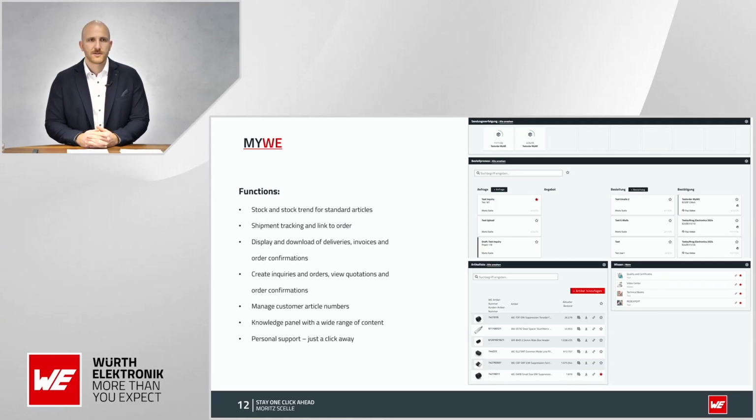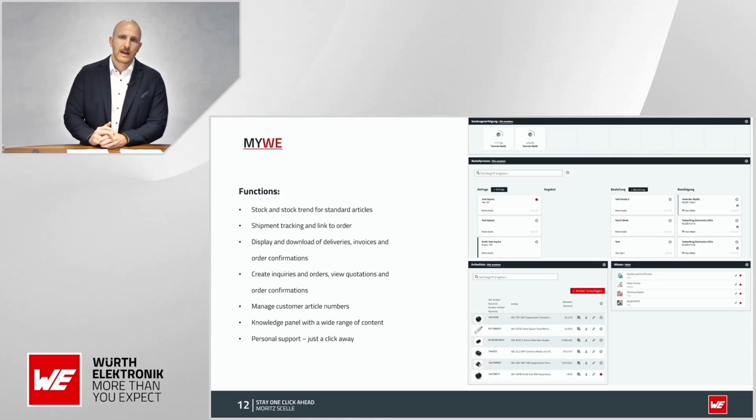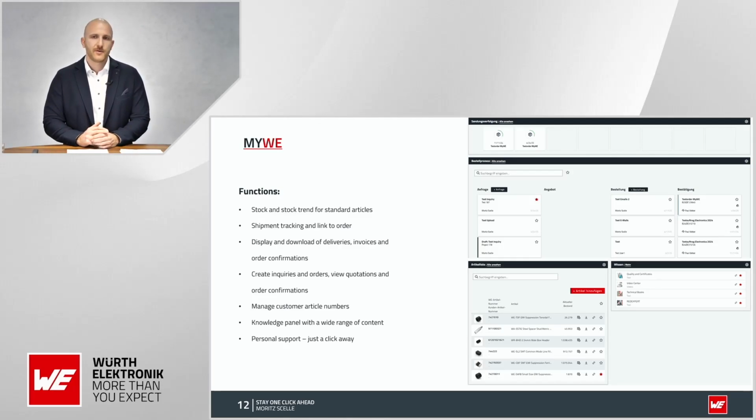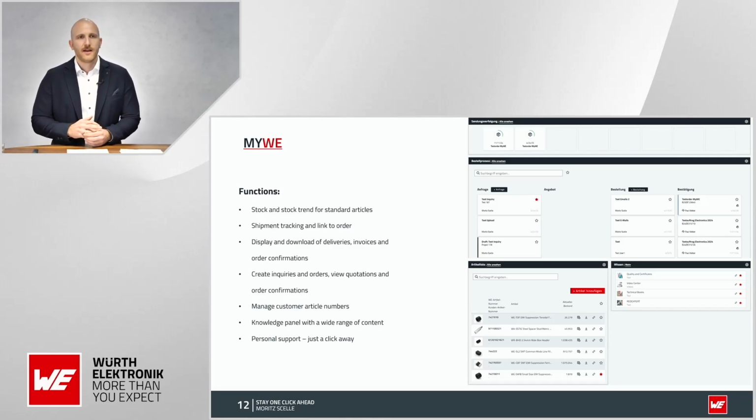We are still working on MyWE, so we are implementing new functionalities from time to time. One of those is, for example, stock and stock trend for standard articles. This is something which might be interesting for you. We are showing our live stock on MyWE, where you can see how many parts are available, but you can also see a stock trend for the future, with incoming goods, so whether there is more stock incoming and so on.